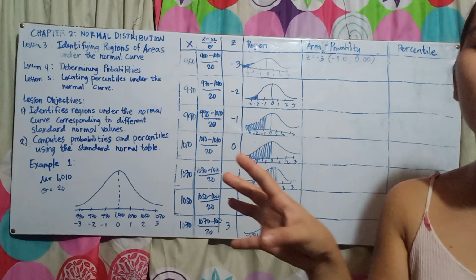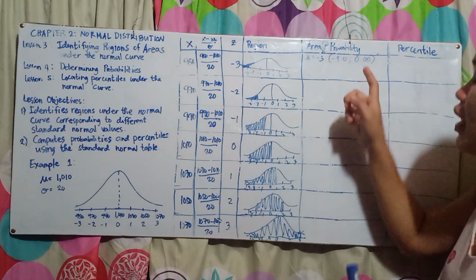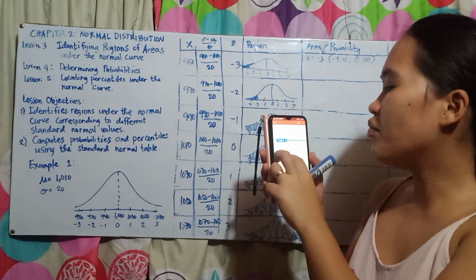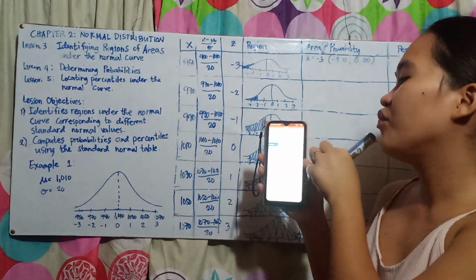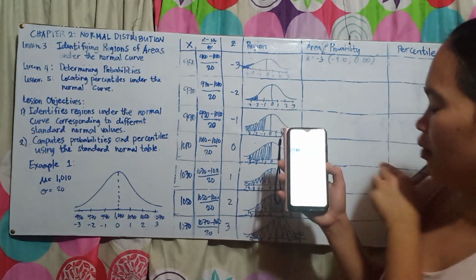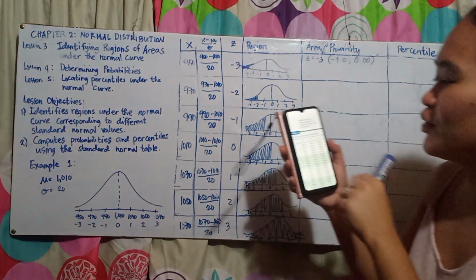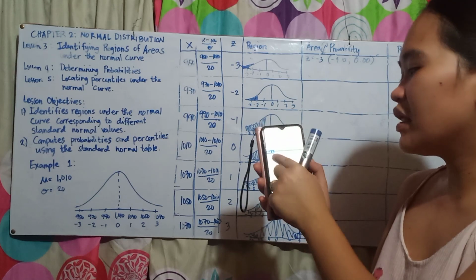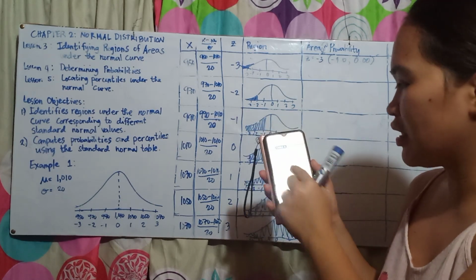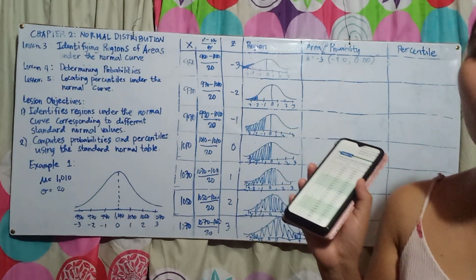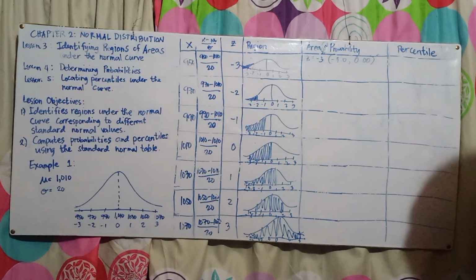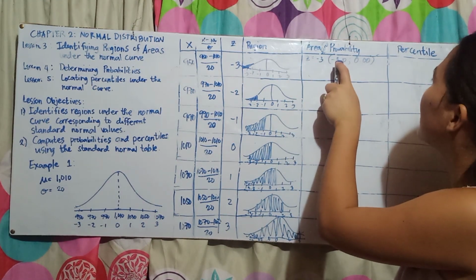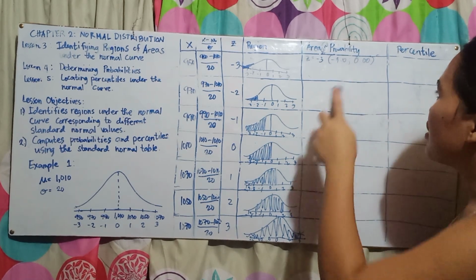So, kailangan lang natin siya i-break down into 2 para makita siya diri sa table. Kasi ang table na ay numbers diri sa taas, diri sa column, na po diri sa row. So, dapat mag-match ato ang number. So, ang negative 3 is na belong sa negative 3.0 and 0.00.